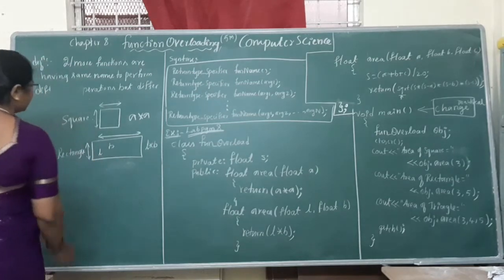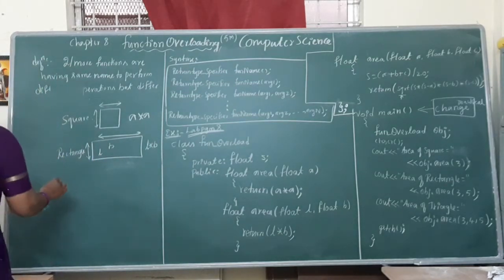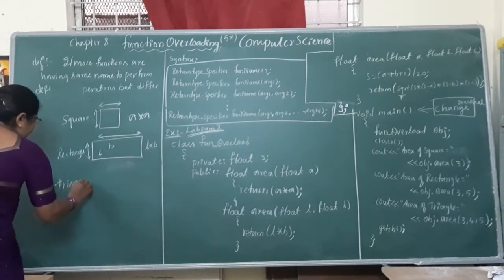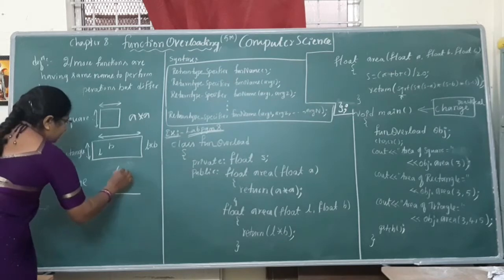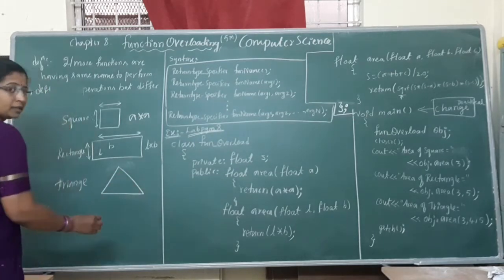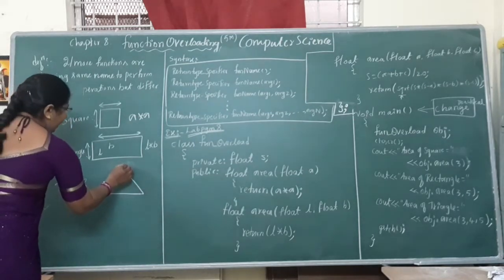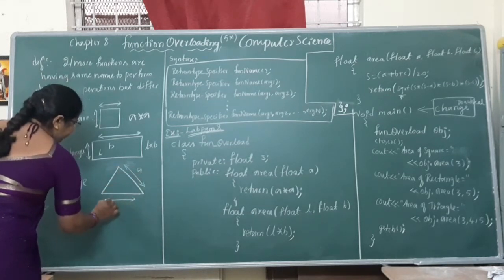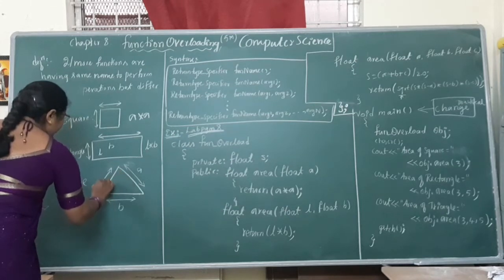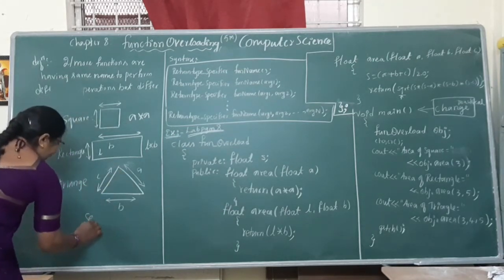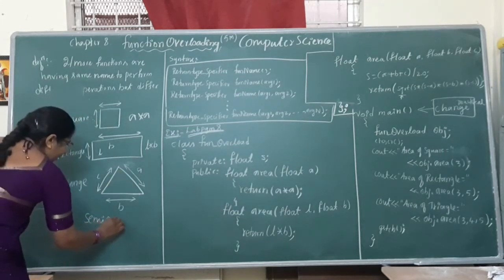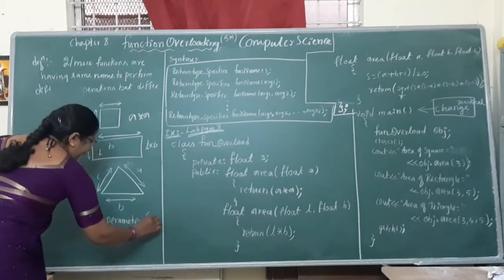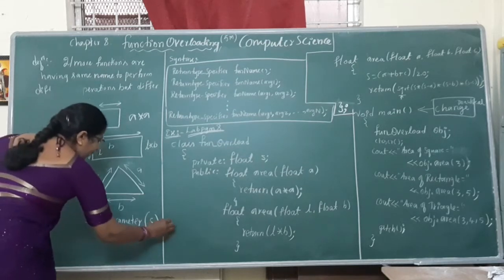Length and breadth. Then, how to find the triangle? A triangle has 3 sides. I need the length of edge A, the length of B, and the length of C, so that I can find the semi-perimeter, called S. How can I calculate S?